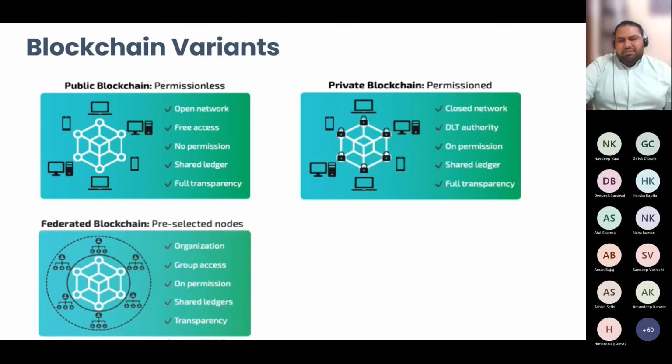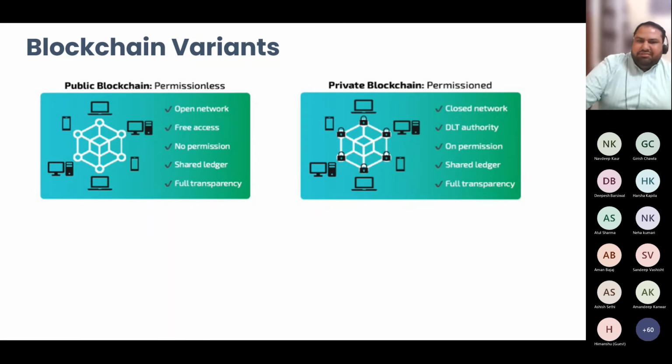And the next one is private blockchain. Private blockchains are permissioned blockchains, or you can say managed blockchains controlled by a single organization. So private blockchains are not open like public blockchains. They are open to some authorized users only.